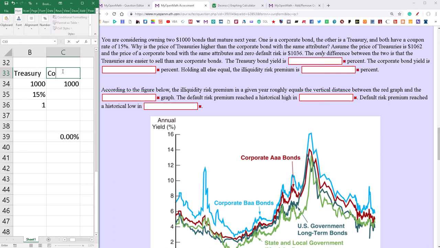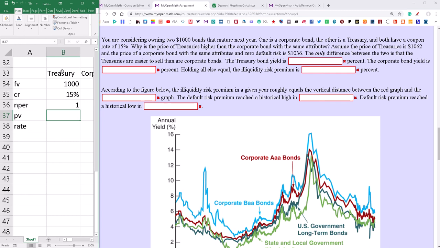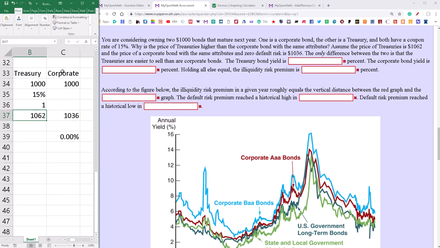And this is the corporate. Okay. The price of the treasury is 1,062 and the price of the corporate is 1,036. People are willing to pay a little bit more for the treasury because it's going to be easier to sell just in case you have to liquidate it for cash. Okay. Then I'll pull this down.